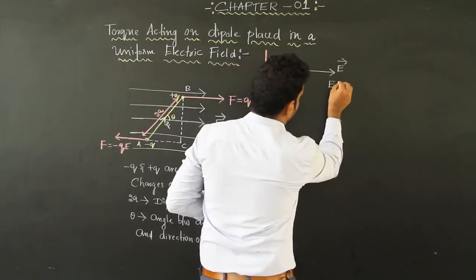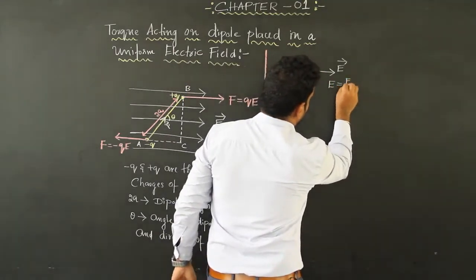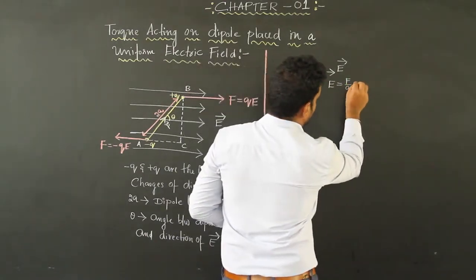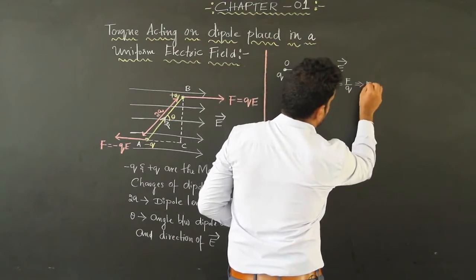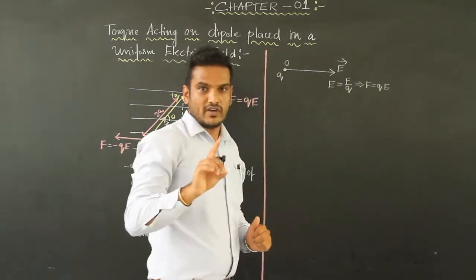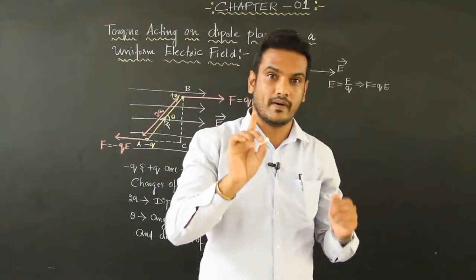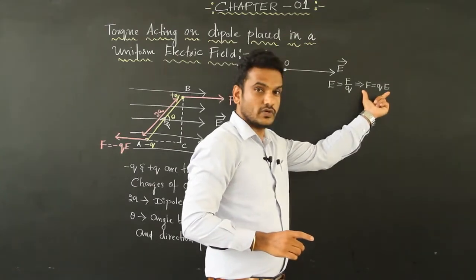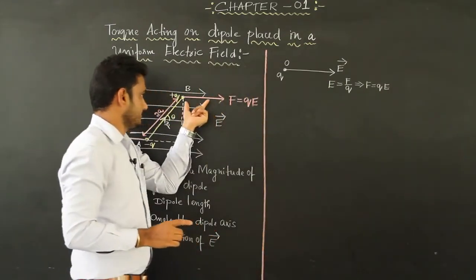So electric field is nothing but F by Q, Q is a unit positive charge. So if you simplify for F, F is equal to Q into E. So the magnitude of the force experienced by a charge placed in a uniform electric field is F is equal to Q into E. That is what I have written here.